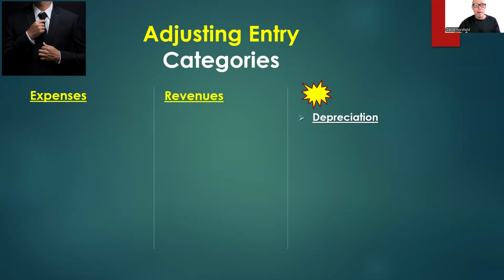But for a quick recap, we know that adjusting entry categories include expenses like prepaid expenses or accrued expenses. Prepaid expenses, we pay up front, and we need to make those adjustments as we move forward through continued periods. Accrued expenses, meaning we've accrued some expenses, but we haven't yet made any payments on those.